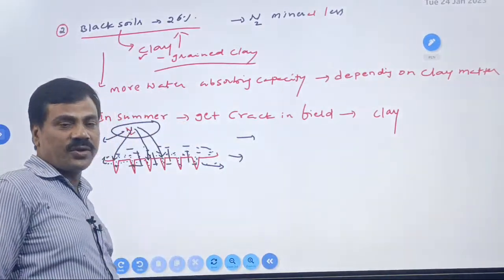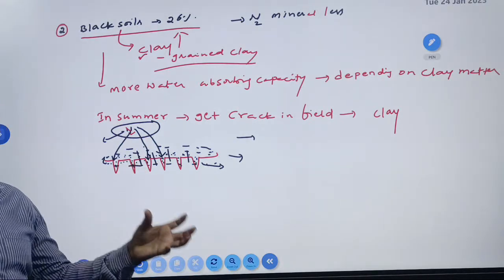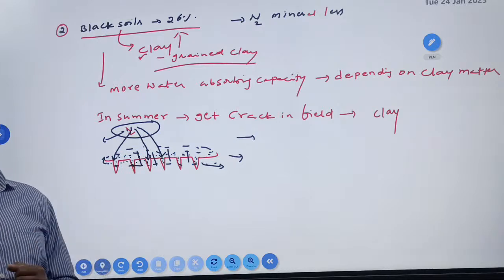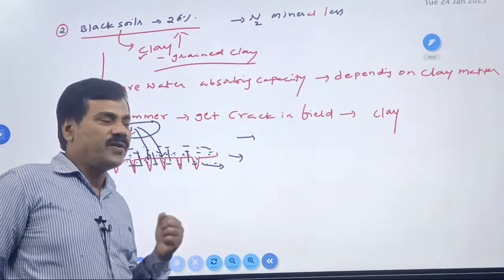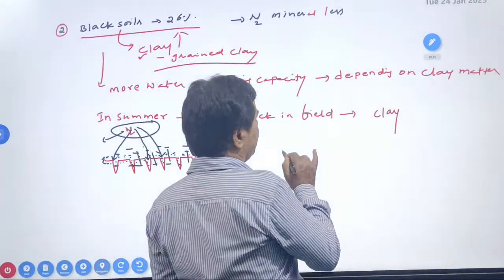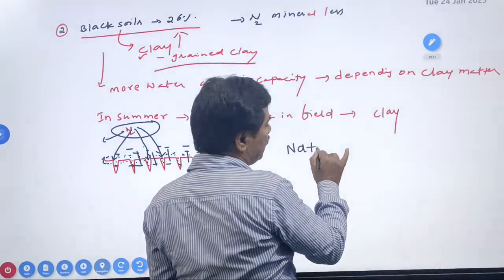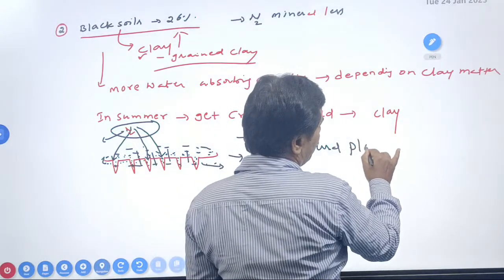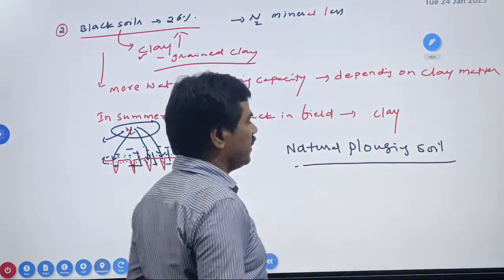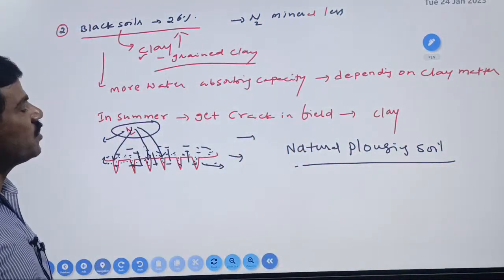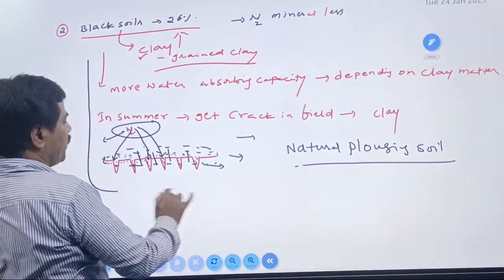This black soil is naturally flooding, not artificially, naturally. That's why this soil is called natural flooding soil. Okay, so this is very, very important.